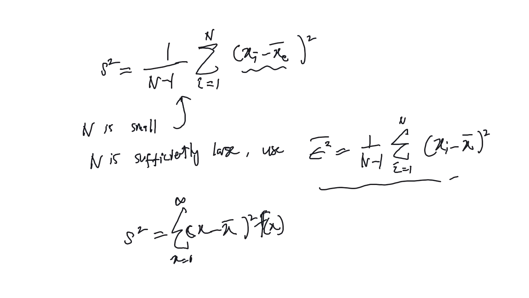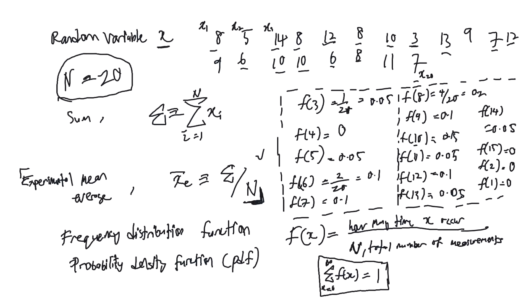So we have the experimental mean. We define the PDF for the discrete random variable. This example involves only the discrete random variable.